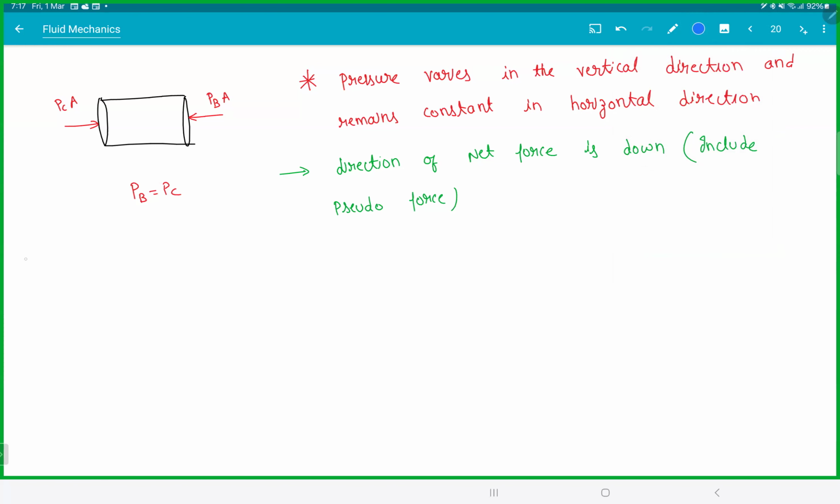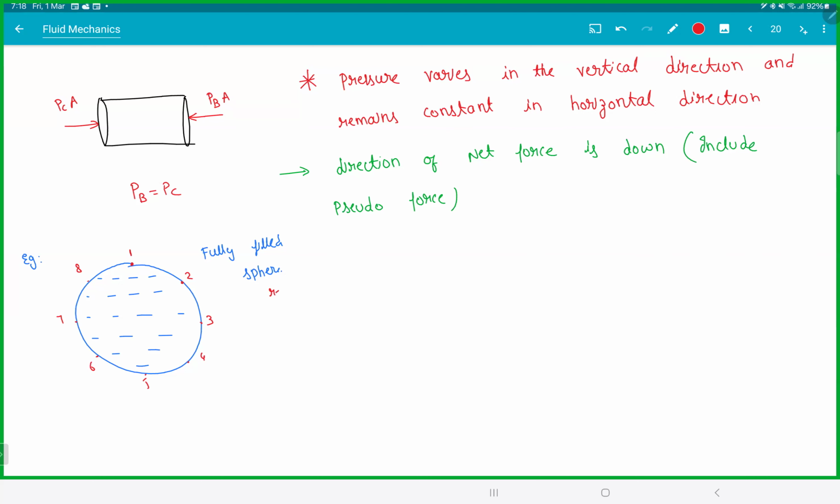So, example, let's say I have a fully filled cylinder, a fully filled sphere. This can be a good question also. Let's say this is point 1, point 2, 3, 4, 5, 6, 7, and 8.